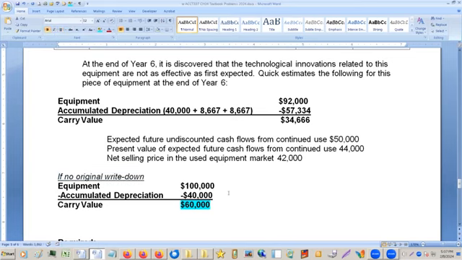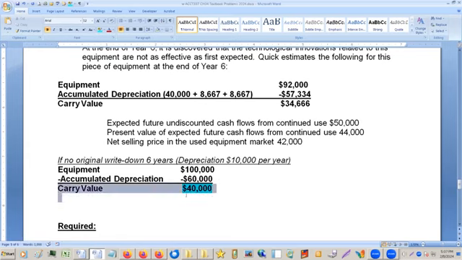So if no original write down, if we were in 6 years, this would be what, 60,000? So this would be 60,000. I should have changed this too, because the 6s and the 4s are confusing. So the carry value, if we didn't have any write down, we should have 40,000 on the books.